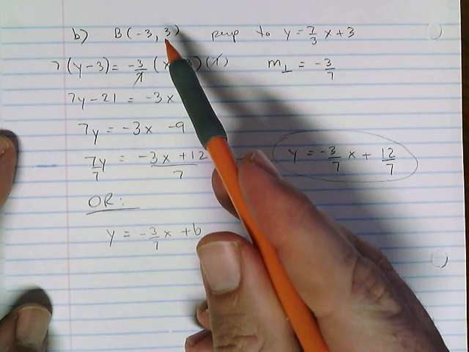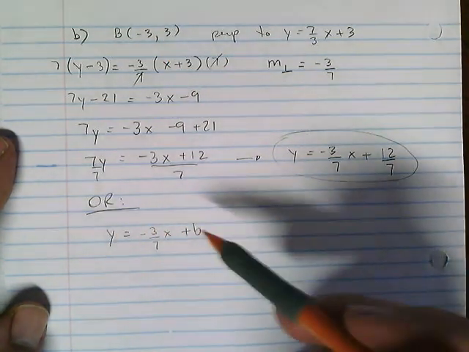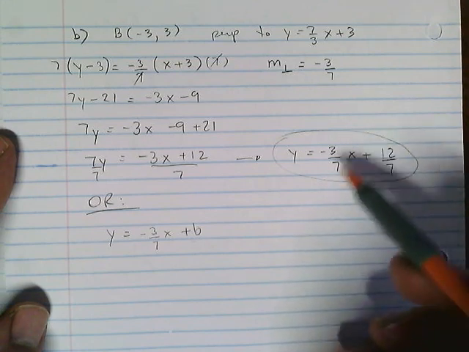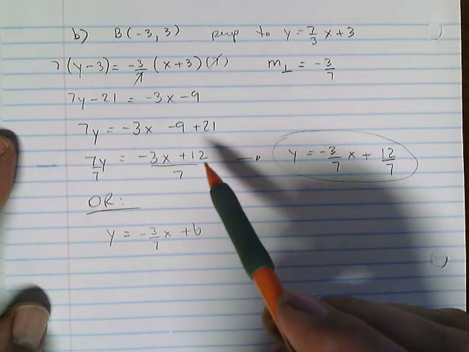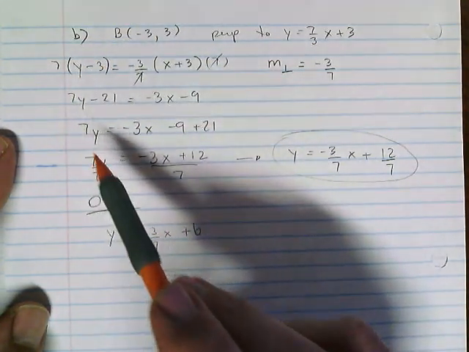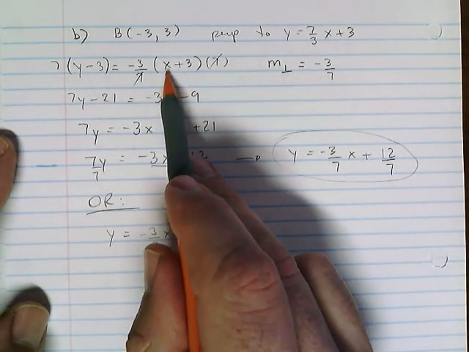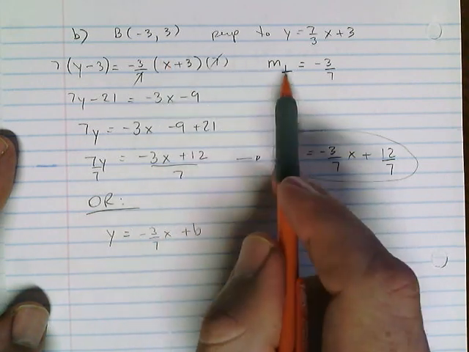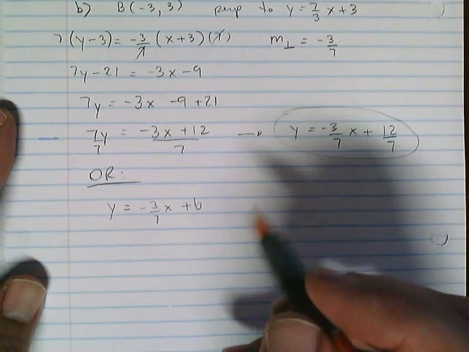And then we plug this point into this equation and solve for b, and then we should end up with the same situation. So it's really up to you. For me personally, I always like to use the slope point form because I have the slope and I have a point and then work it out. But you could have used it this way, right?